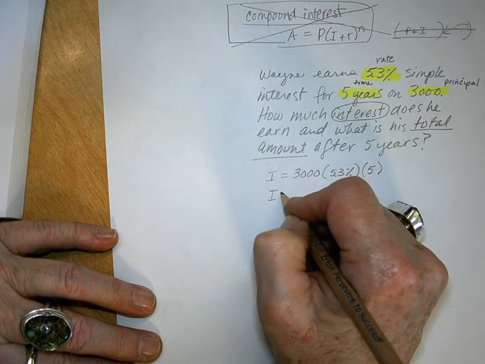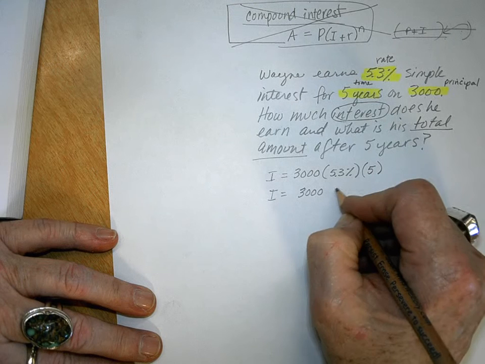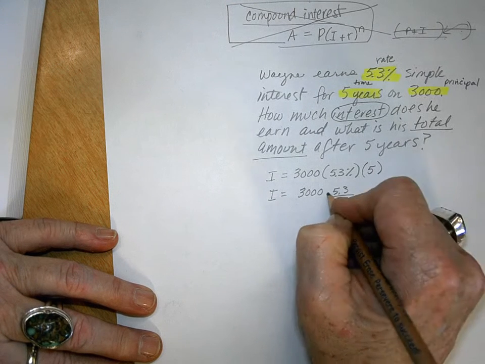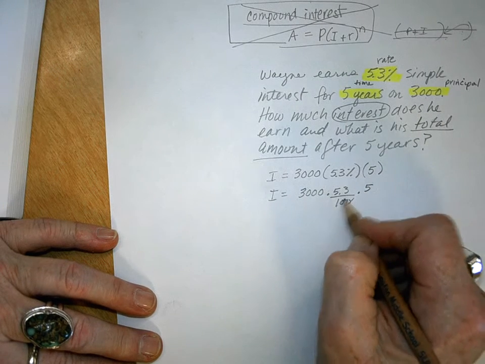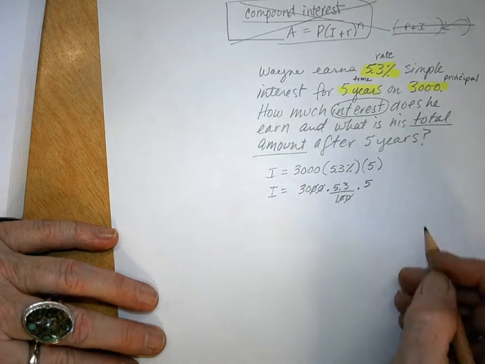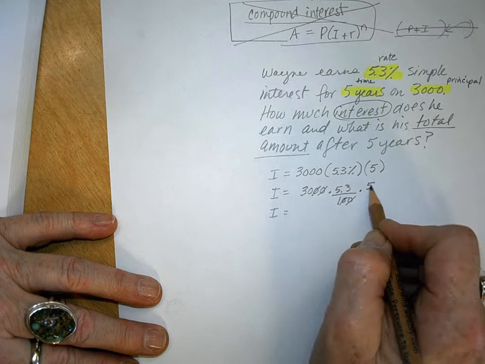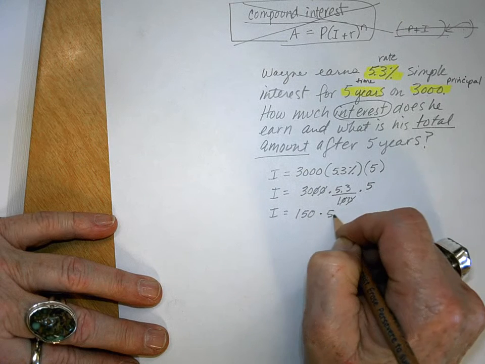So I can make it a slightly easier problem. Times 5.3% times 5. I can factor out my 100. And I have my interest is equal to 30 times 5, which would be 150 times 5.3.